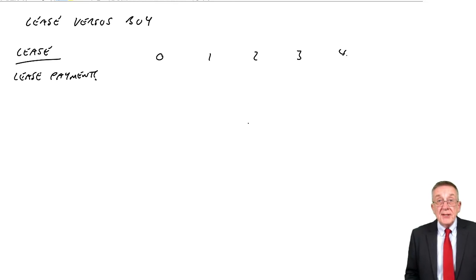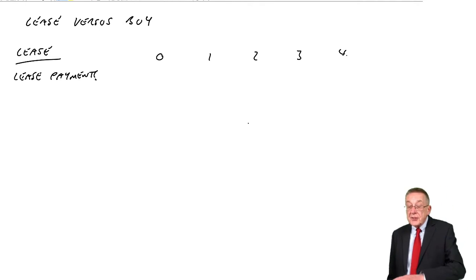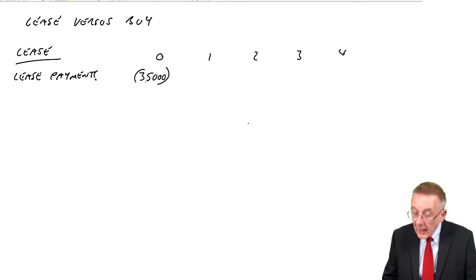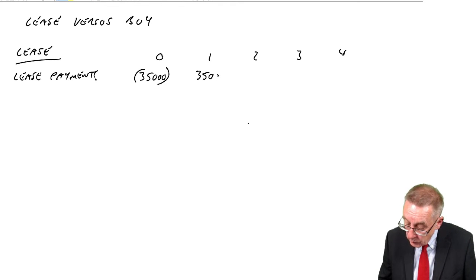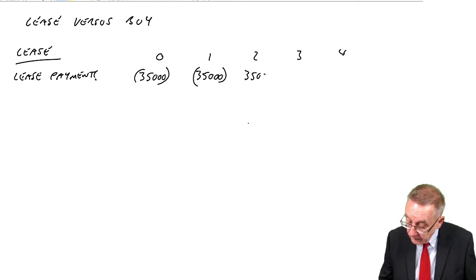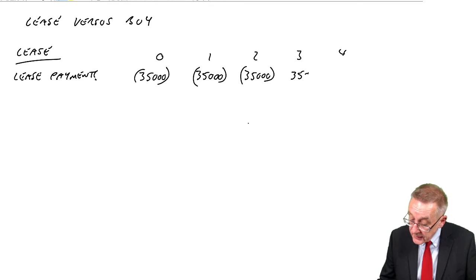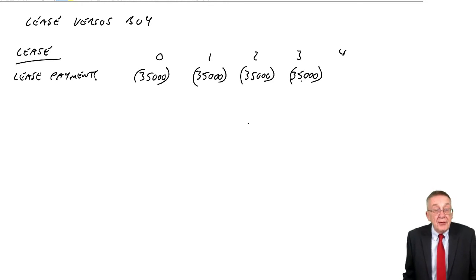Normally, running expenses would be at the ends of the year, so time 1, time 2, and so on. But if we're paying at the start of the year, the start of the first year is now, time 0. The start of the second year starts in 1 year's time, time 1. The third year starts in 2 years' time. And the fourth year starts in 3 years' time. So there are the flows if we lease it.